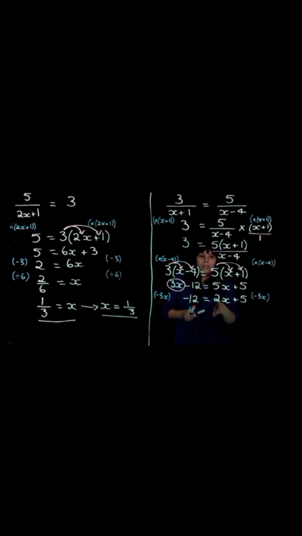So now we've got our equation slightly simpler: minus 12 equals 2x plus 5. So we're multiplying the x by 2 and then adding 5. So let's get rid of that plus 5. So we minus it, because that's the inverse. So minus 12 minus 5 is going to give me minus 17.